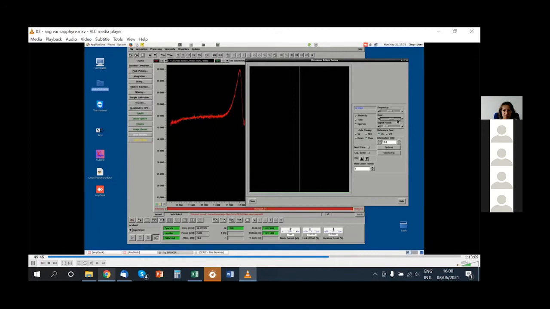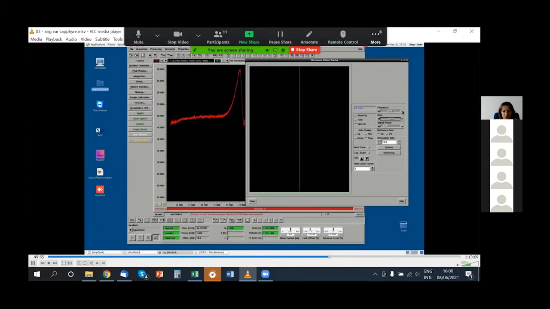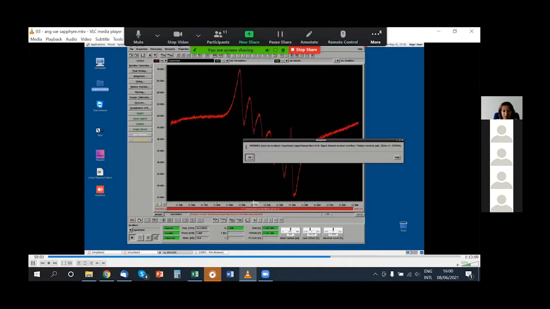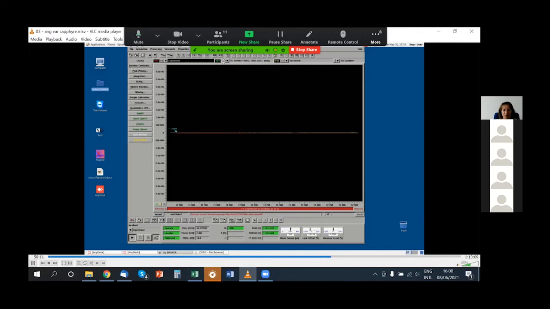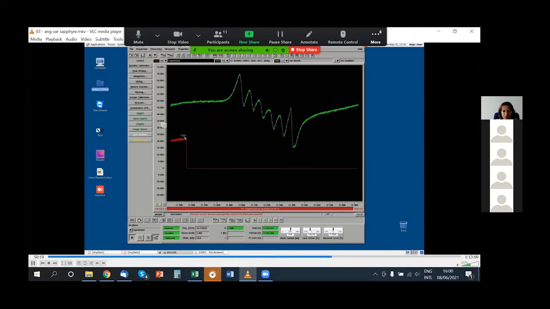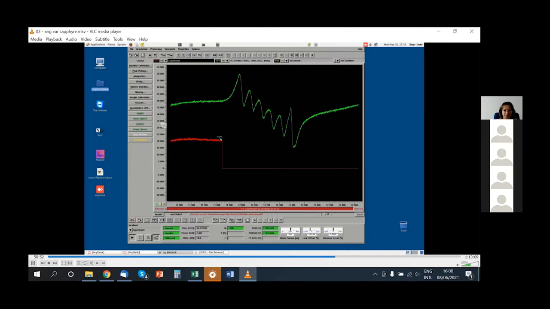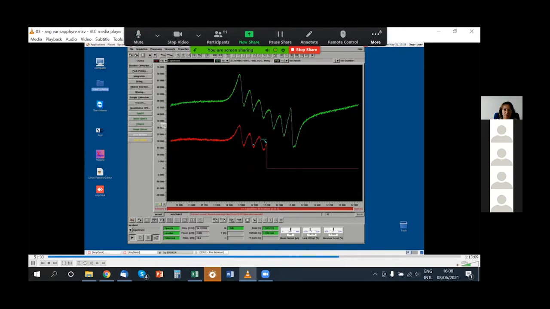You see already the Q factor, it's almost 2 times lower than in the beginning. And this is why these lines have smaller amplitude.